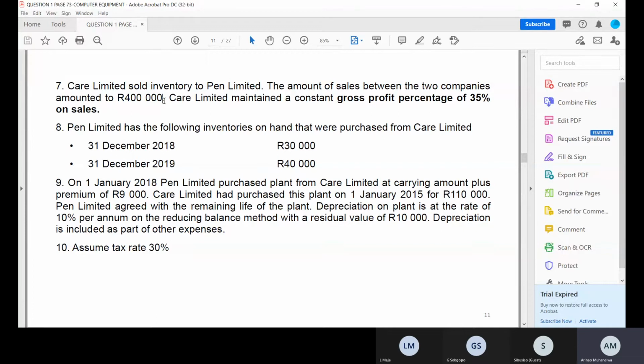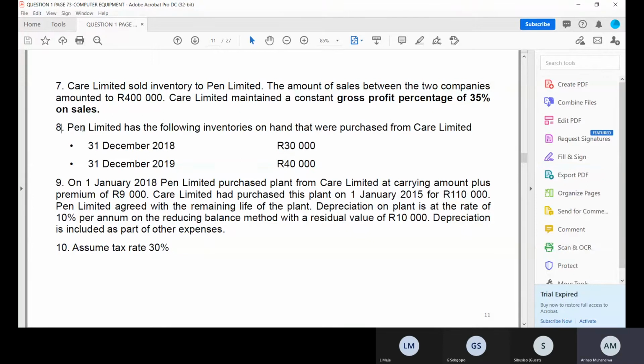We'll talk to that regarding the calculations, showing the journals as to what will be the impact. But I can tell you now, there's a sale of inventory between the subsidiary and the parent to the value of 400,000. So this is the sales amount that was recognized. Care Limited maintains a constant gross profit percentage of 35% on sales.